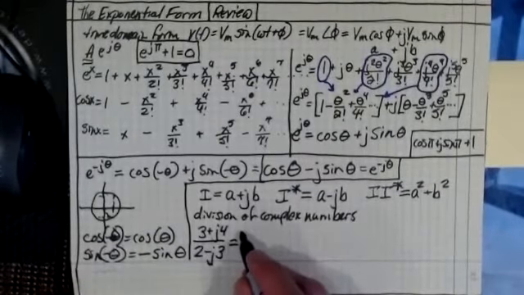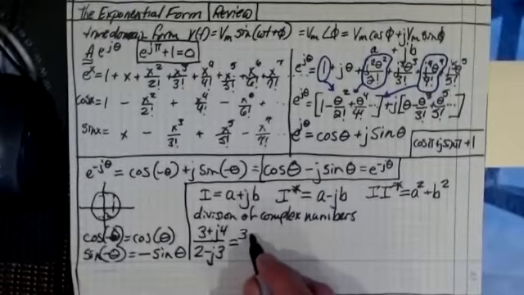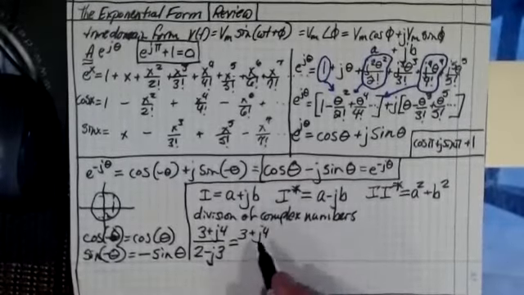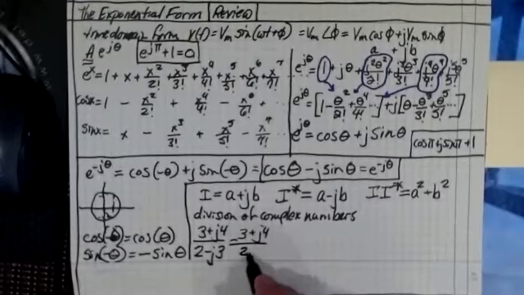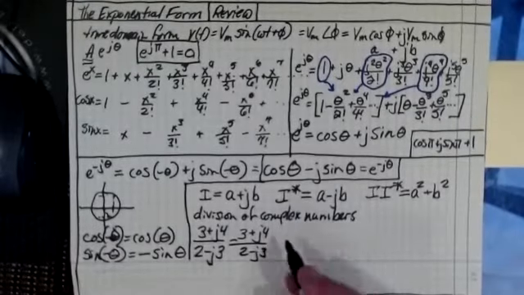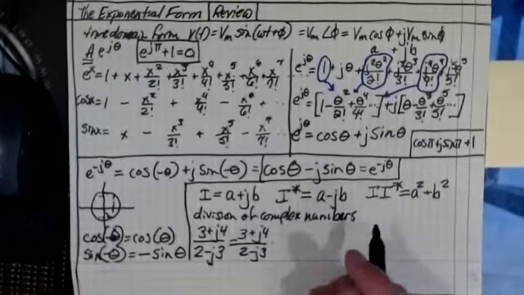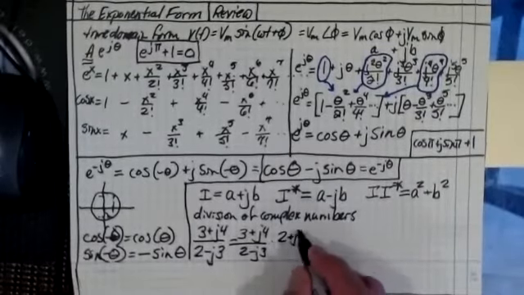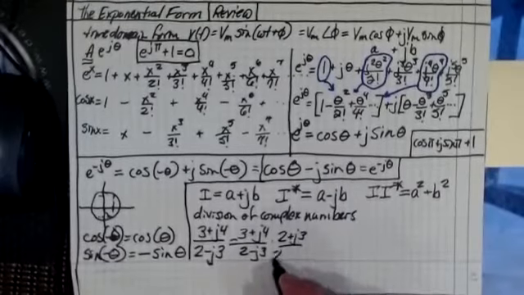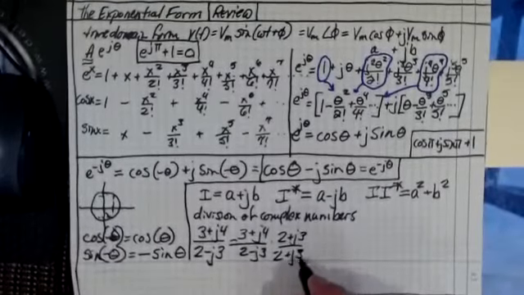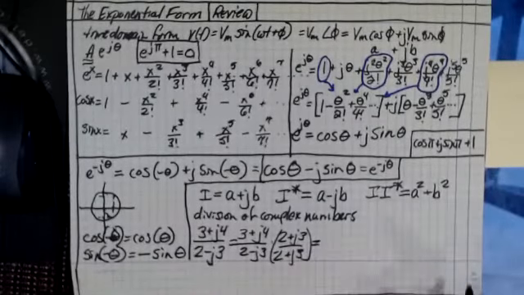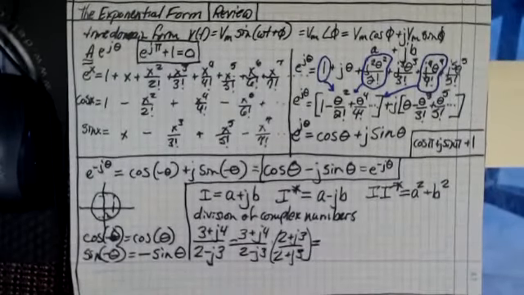But really, what you do is you take 3 plus j4 divided by 2 minus j3, which is what you've got there, and multiply it by 1. But that 1 is the complex conjugate of the denominator over itself.